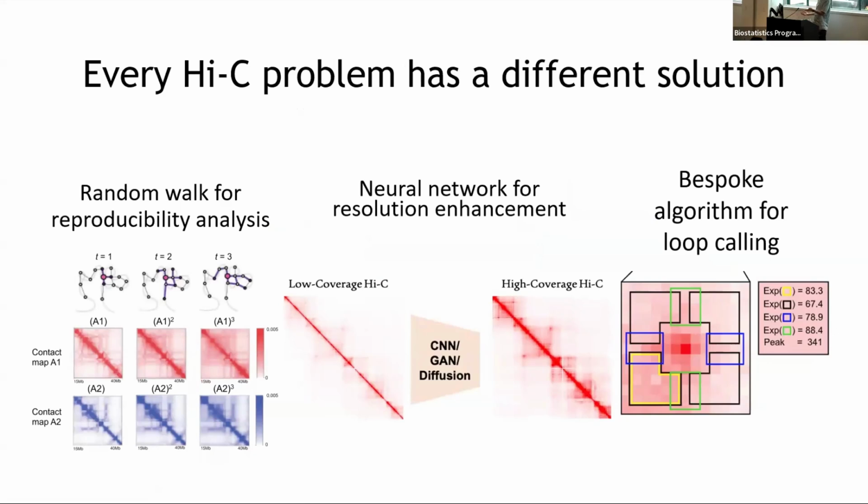These are just 3 somewhat random examples. If you're measuring similarity between pairs of experiments, which is an important problem in this area, some people will use a random walk approach. If you're going to do resolution enhancement, you might use a deep neural network. If you're looking for loops, one of the most popular algorithms, called HiCCUPS, is a bespoke algorithm specifically developed for analyzing this kind of data.